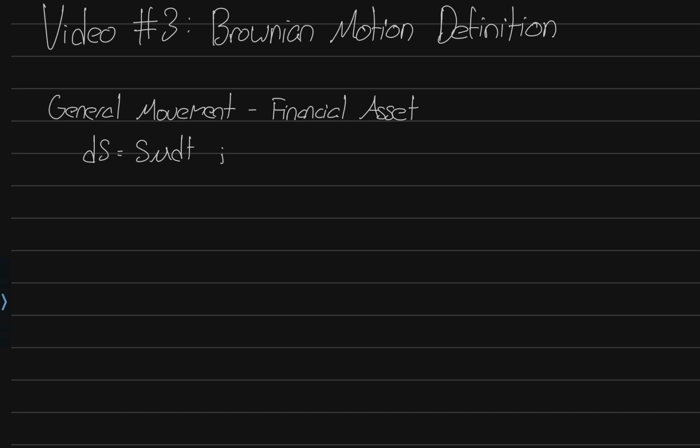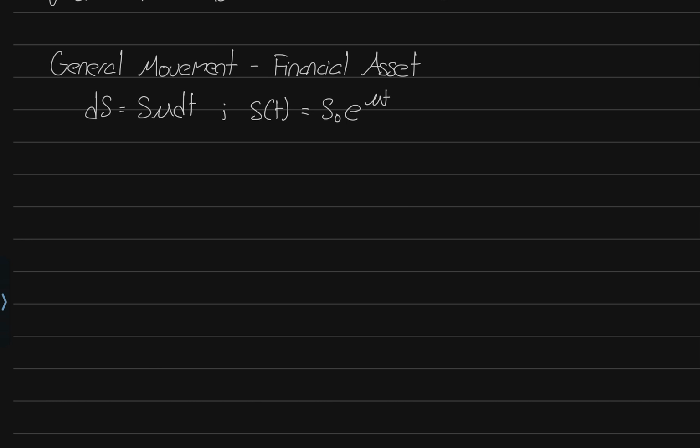And then in standard form, we have our S as a function of time is going to be equal to our initial stock price times e to the power of mu t, such that we have S0 and mu, which we can choose. So these can be calibrated depending on the stock or the system that we're interested in analyzing.